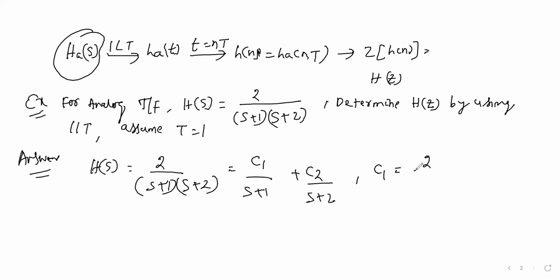It is 2 by minus 1 plus 2, a simple partial fraction, which is 2. What is C2? C2 equals 2 by minus 2 plus 1, that is minus 2.